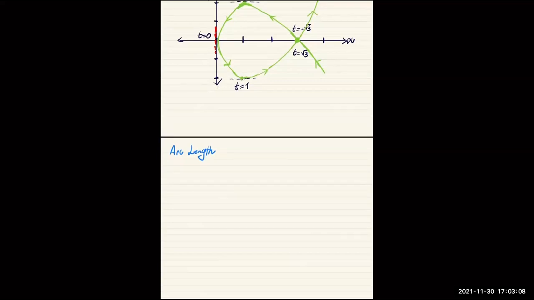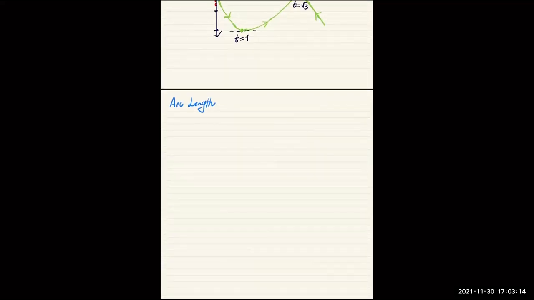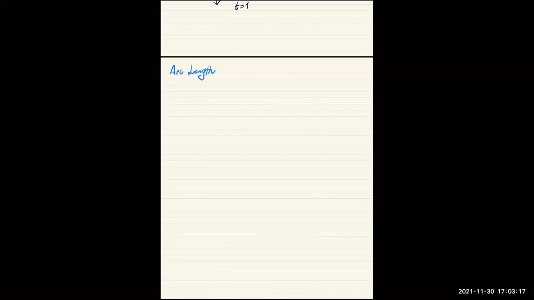Okay, so let's talk about arc length again, and I'm going to derive the arc length formula for you. Let's say we have parametric equations, x equal to f of t and y equal to g of t.